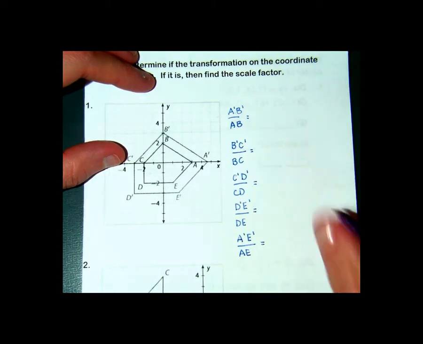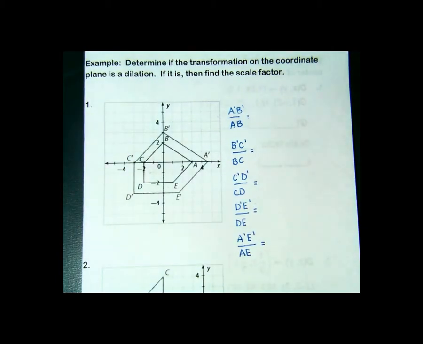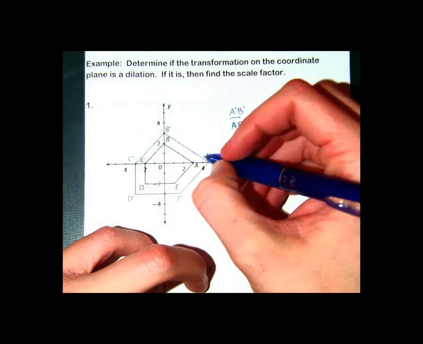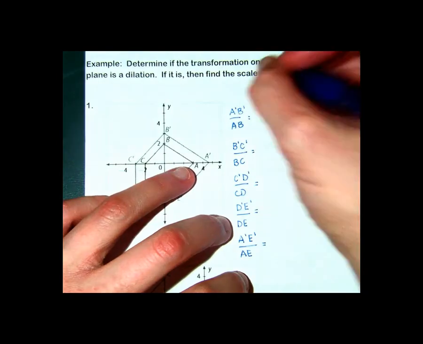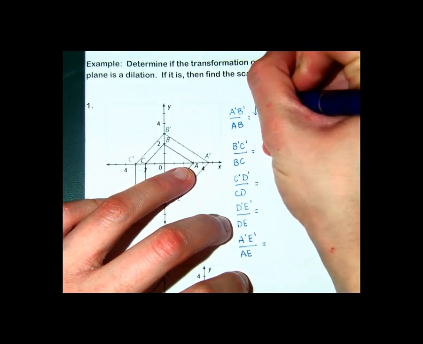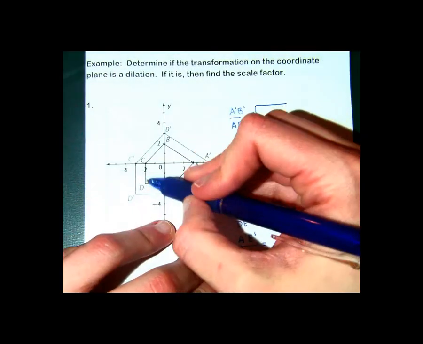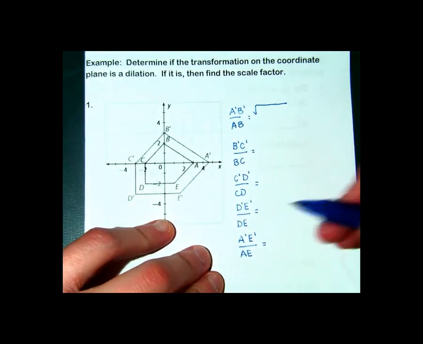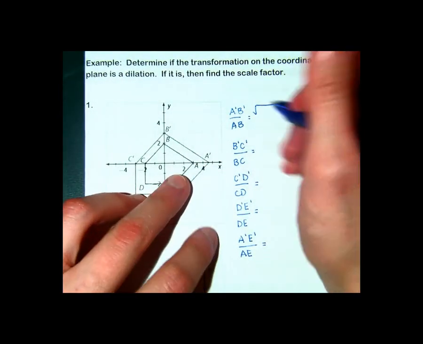Some of these you will be able to tell whether they are or aren't pretty quickly. Like if we had one that looks like they're not, I would probably find that ratio first. Let's go ahead and start with these, though. We are going to have some square roots here because they are not horizontal or vertical like these two will be. Alright, so A prime B prime.